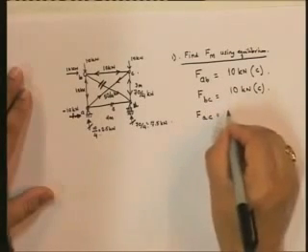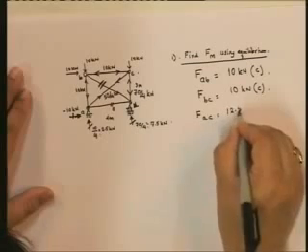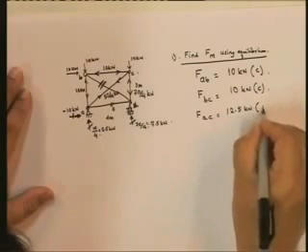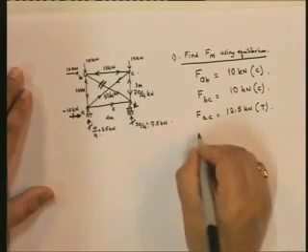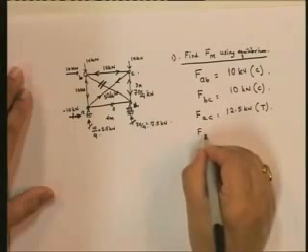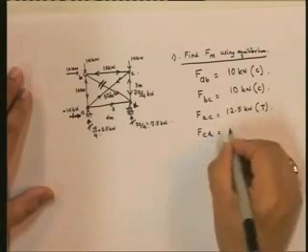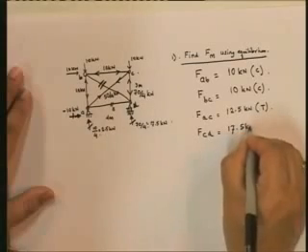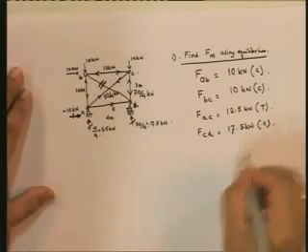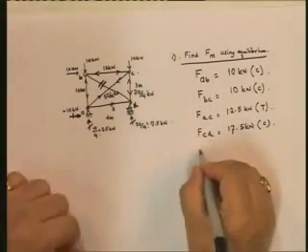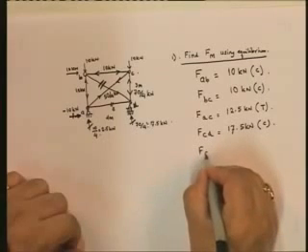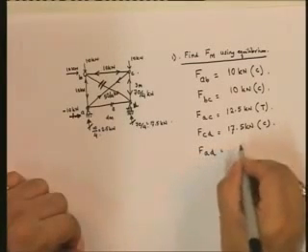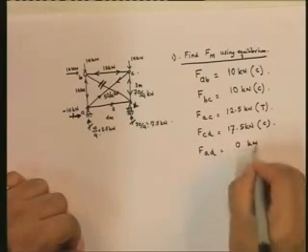FAC is equal to 12.5 kilonewtons tensile. FCD is equal to 17.5 kilonewtons compressive, and member AD is 0 kilonewtons, no force.